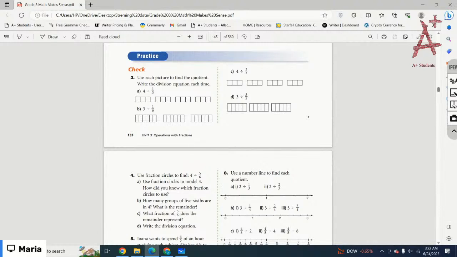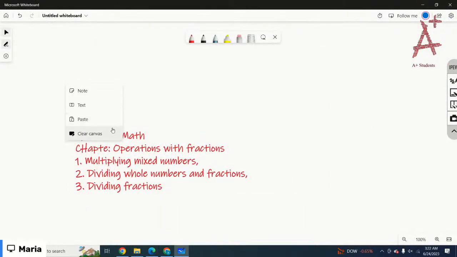The fraction is 4 divided by 5 over 6. How many groups of 5 sixths are in 4? You have to do 4 divided by 5 over 6.